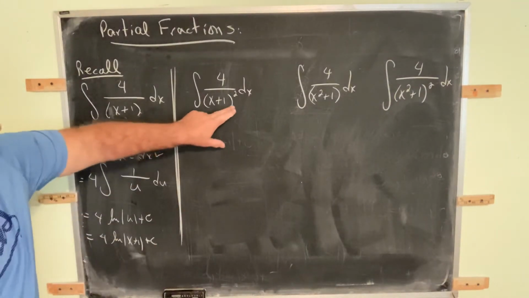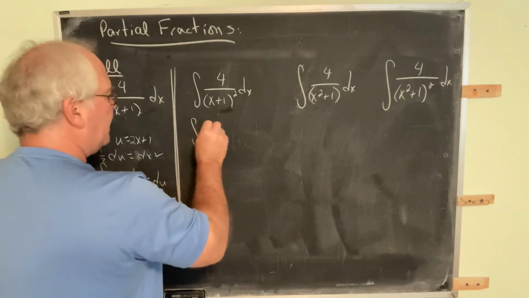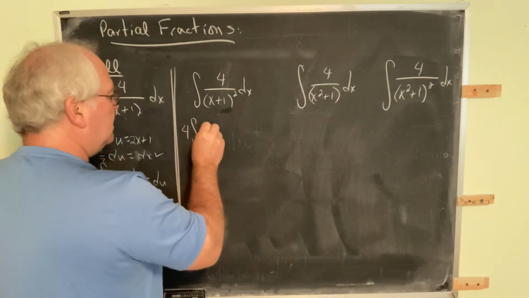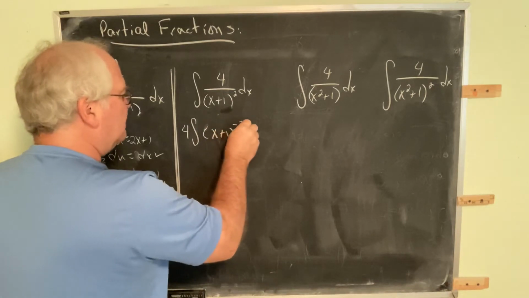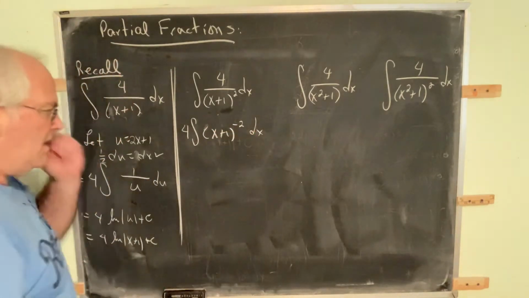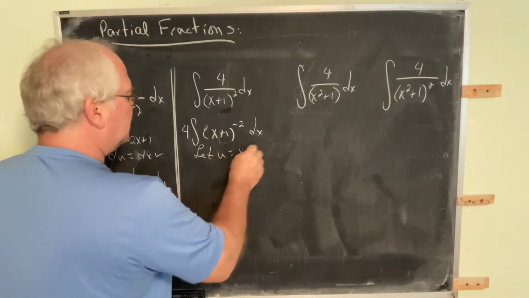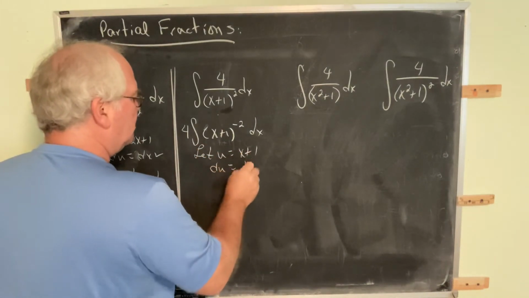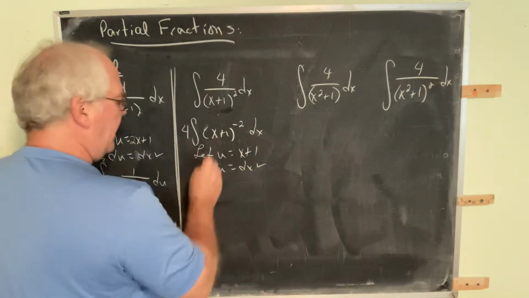This is a calculus 1 integral, because we can rewrite this. We can put this 4 out front. This is x plus 1 to the negative 2. And we can let u equal x plus 1, du equals dx. The substitution is exact. So what do we have here?